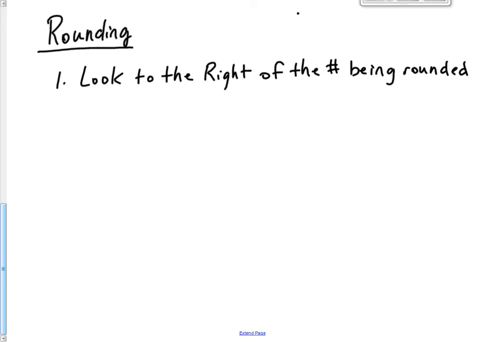Okay, do not make this more difficult than it is. All right, because 95% of these rules are the exact same rules you've been using since probably 3rd or 4th grade when you learned how to round.